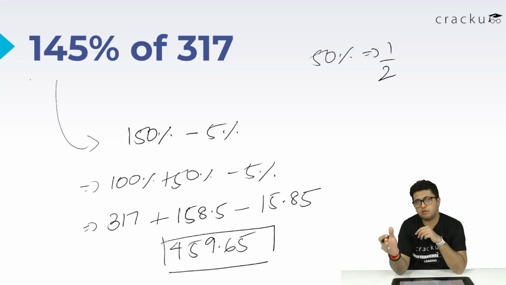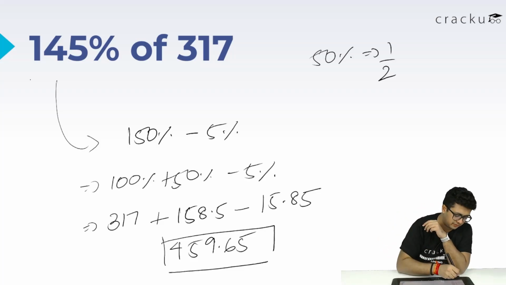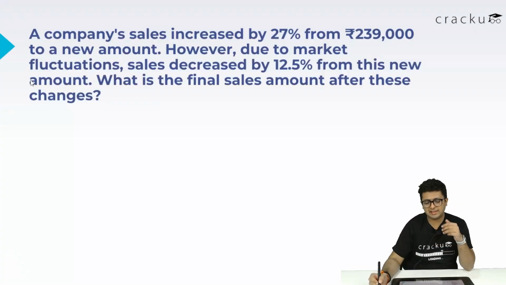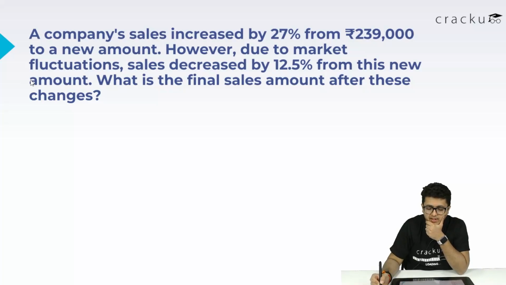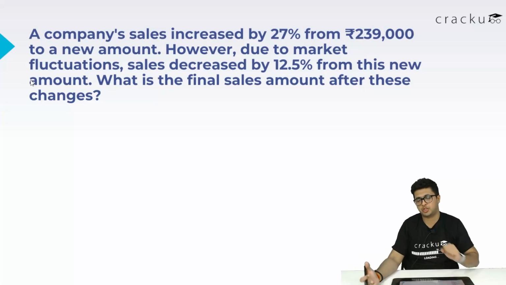Alright, let's actually solve a problem and see how it is done. A company's sales increased by 27% from 239,000 to a new amount, right? However, due to market fluctuations, sales decreased by 12.5% from this new amount. What is the final sales amount after these changes?